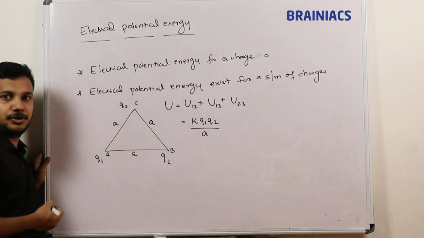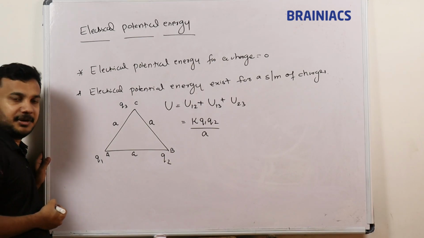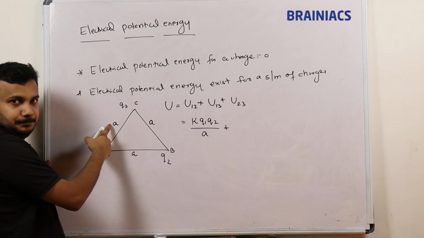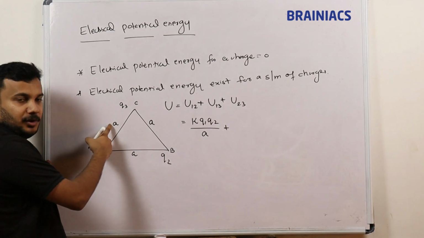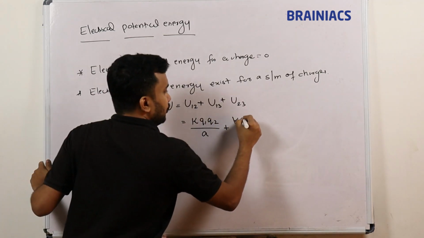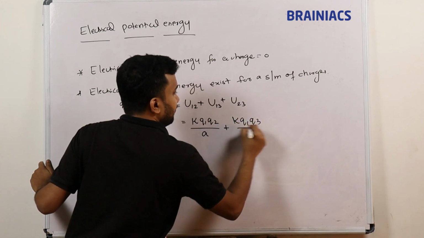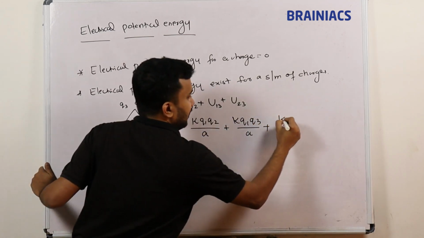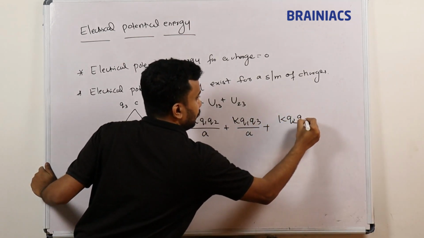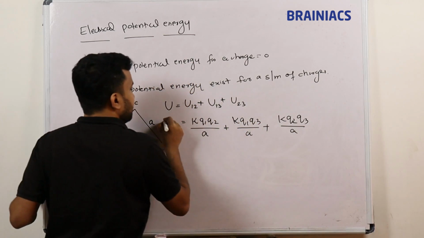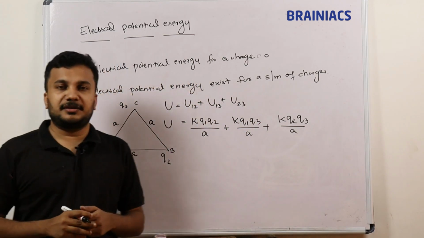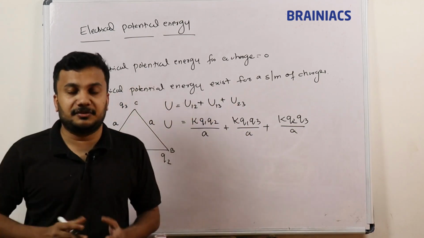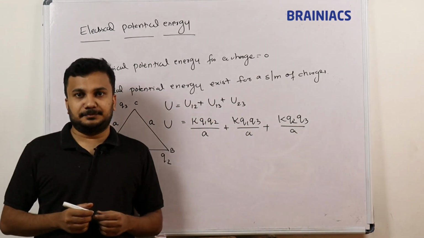So K Q1 Q2 divided by A, plus for 1 and 3, K Q1 Q3 divided by A, plus between 2 and 3, K Q2 Q3 divided by A. This is the total potential energy of the system of charges on all the sides of the triangle.